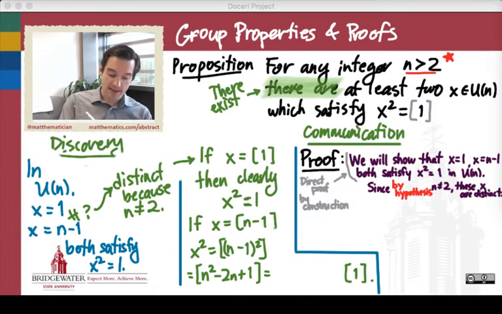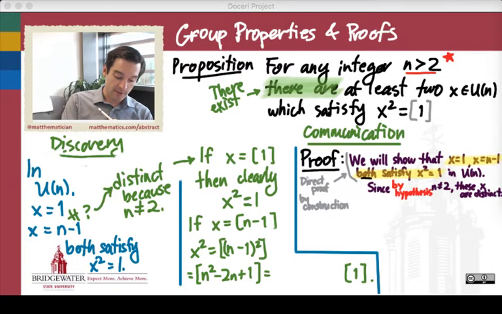Now let's actually write down our burden of proof. And I'm going to highlight the burden of proof here in yellow. The burden of proof here is that we have to show that x equals 1 and x equals n minus 1 both satisfy the equation x squared is equal to 1. And because that says both, that means that I have two things that I must prove.